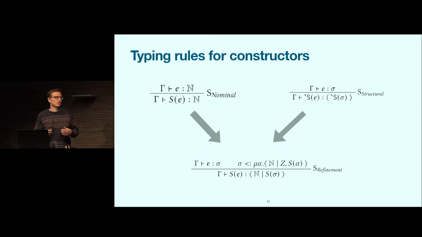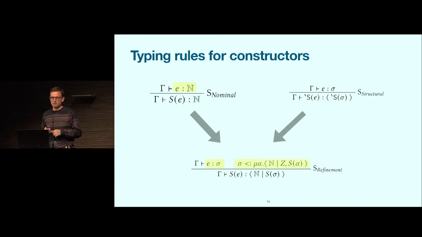So let's look at some of the rules and how the typing rules are combined. Here we consider the typing rules for just the successor constructor. On the top left, you have the typing rule in a nominal system. On the top right, we have the typing rule in a system for polymorphic variants, and at the bottom, we have the combined rule.